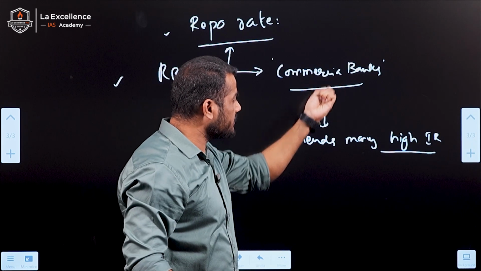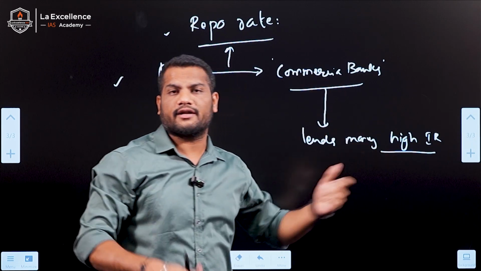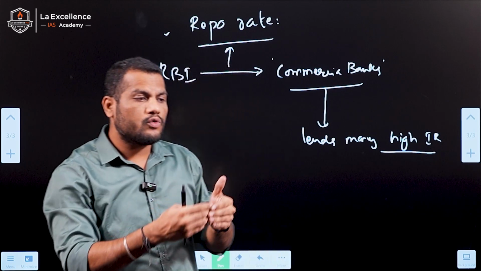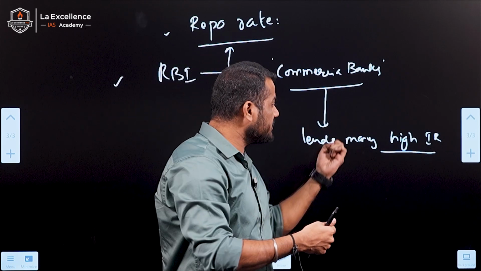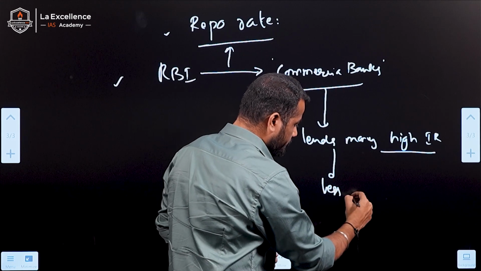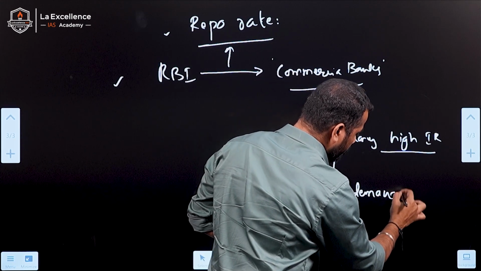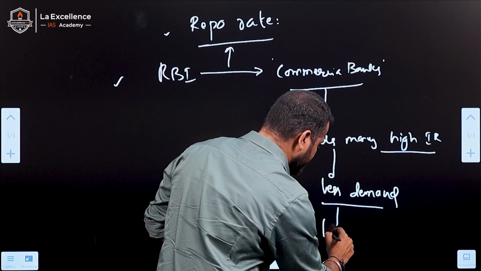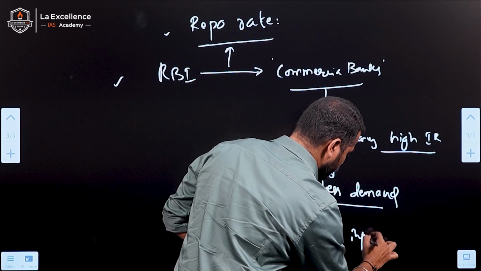Because of that, commercial banks impose higher interest rates on consumers, meaning borrowers in the market. Borrowers then don't borrow from commercial banks, so there will be less demand in the market. In that condition, there will be less inflation as well.